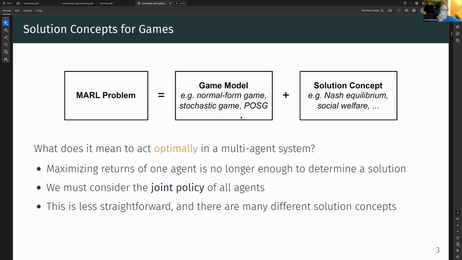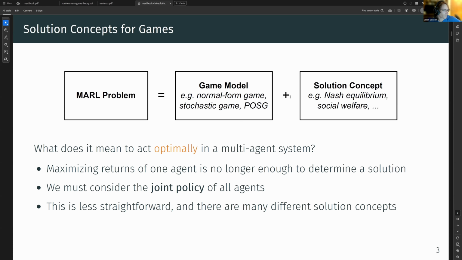Now, if we have a multi-agent system, each agent in general is going to get a unique reward. And we can no longer just simply say, well, we want to maximize the reward, except in the case of a certain type of game where all the rewards are the same for all agents, like they all share a reward. And that case can actually be reduced to just the single agent problem. So it doesn't really pose anything new.